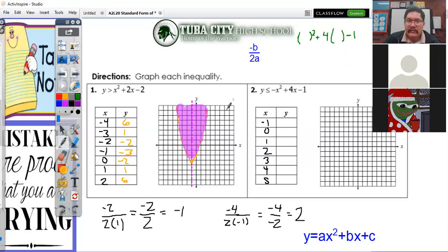Okay, so let's go ahead and fill these in. Actually, wait, it's supposed to be negative here. So negative x squared plus 4x minus 1. Okay, so that looks a little bit better. And I'm going to plug in -1 because that's at the top of the list.